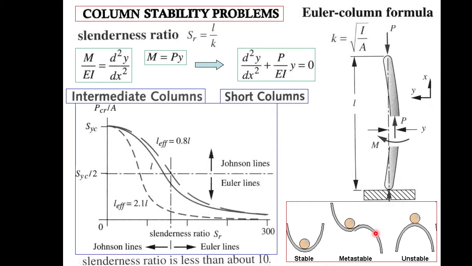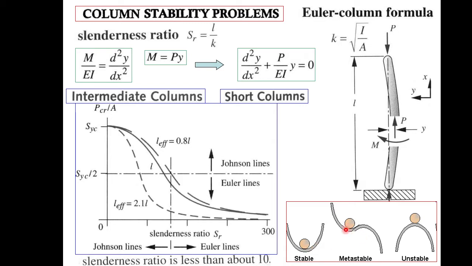To test the stability, say for example, we have a sphere at three particular points in a path. We have such a cup form, or such a cusp form, and somewhere such a form. To test stability, we give a small perturbation to it. That means we displace this sphere and see what the resulting effect is. If the sphere comes back to its initial position, we say it is stable.